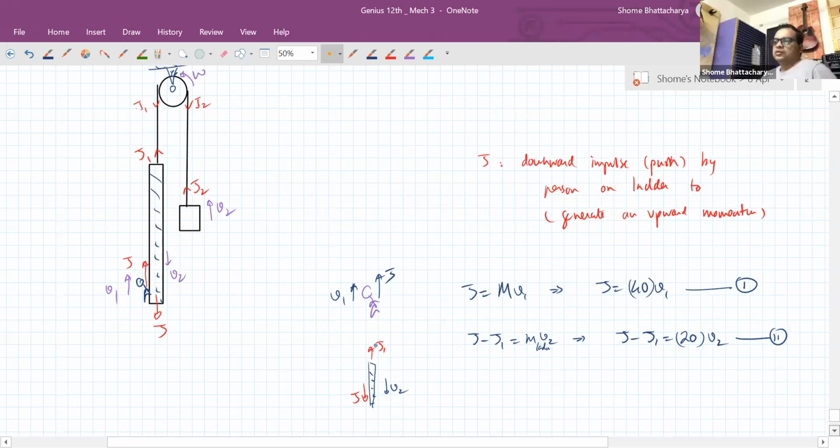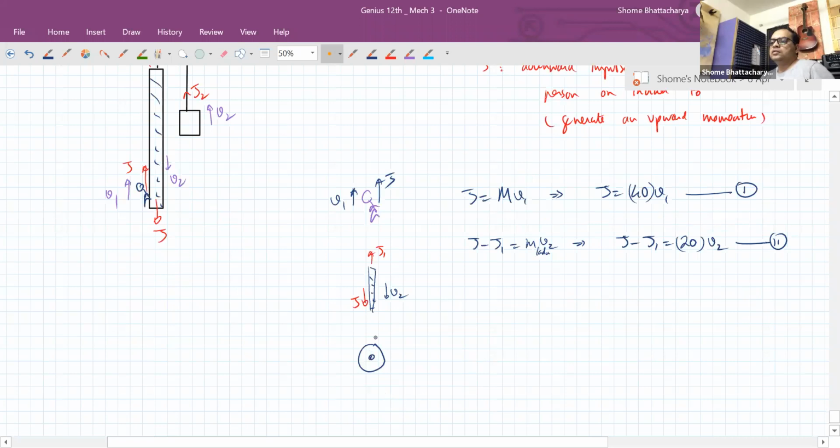Now next up, if you look at the pulley, then the only impulses acting, which are creating angular impulse, are these J1 and J2, creating an anti-clockwise angular impulse.